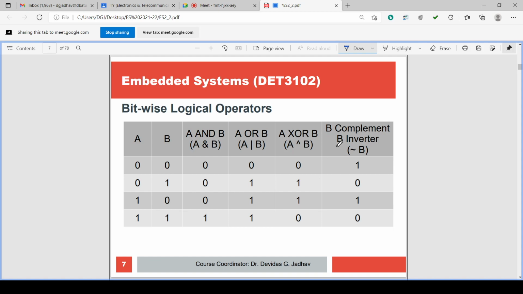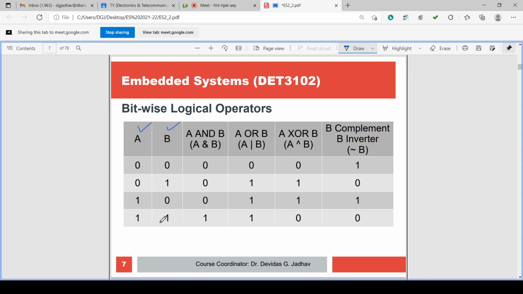We know the digital theory, but how to write it in a program is what we are discussing now. Suppose there is one bit we call A, and another bit we call B. Then the combinations of A and B will be 0 0, 0 1, 1 0, 1 1.